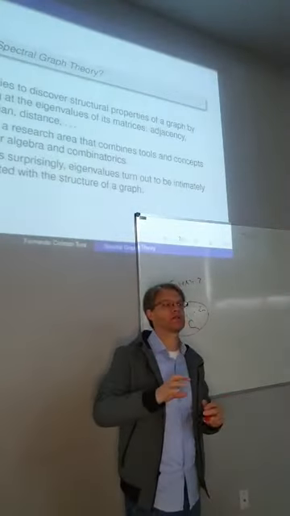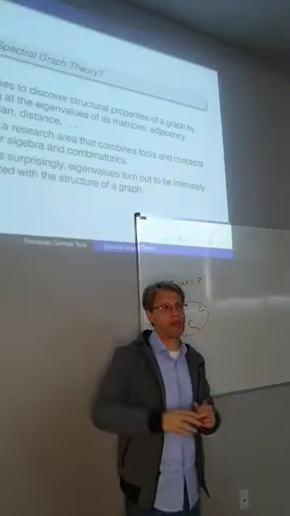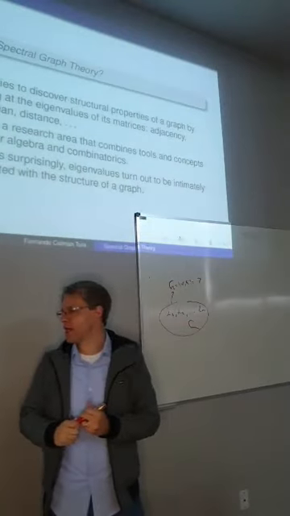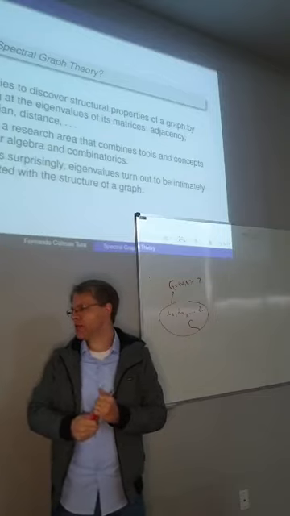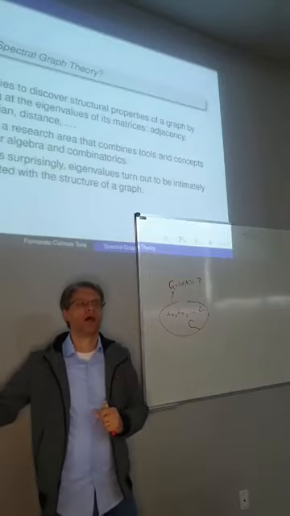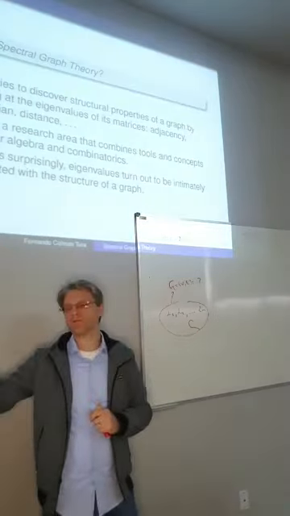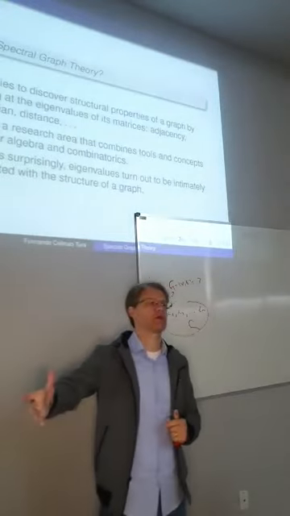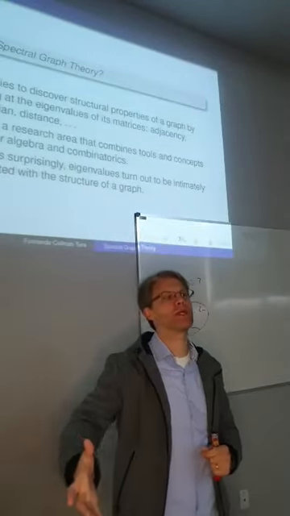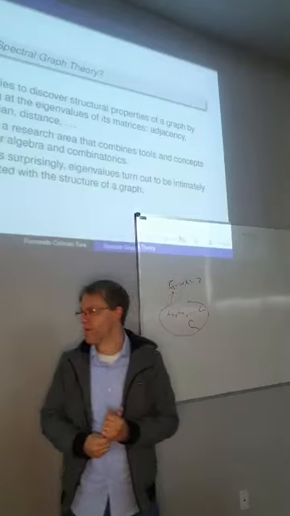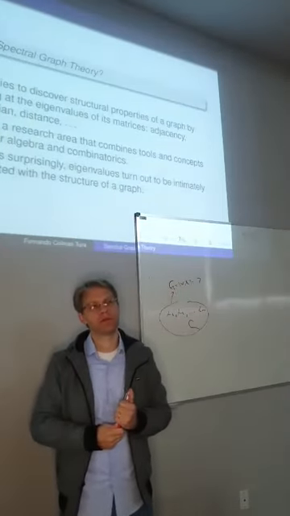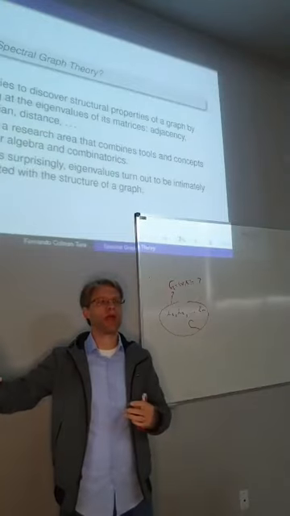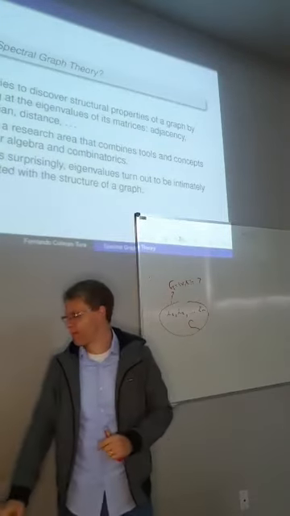Almost all these matrices are symmetric matrices. Another way to say what spectral graph theory is, we can say it combines tools and concepts of linear algebra and combinatorics. So, what is the relationship between the eigenvalues and the graph?